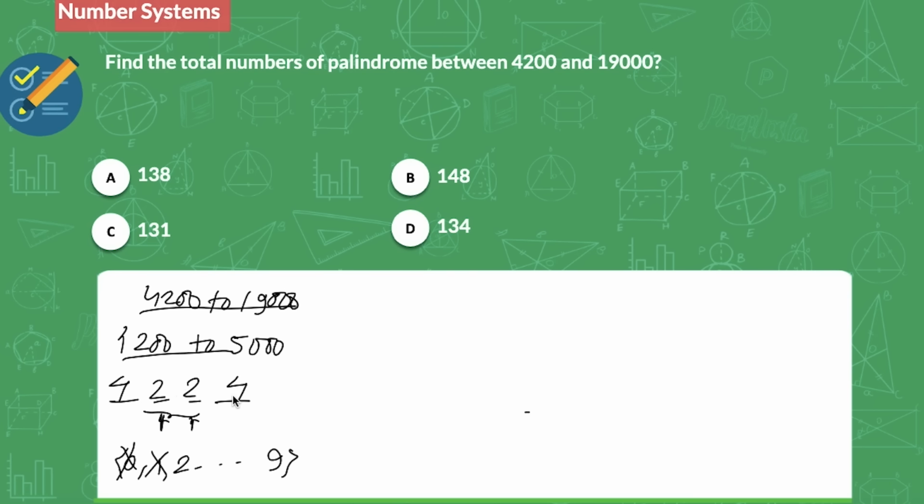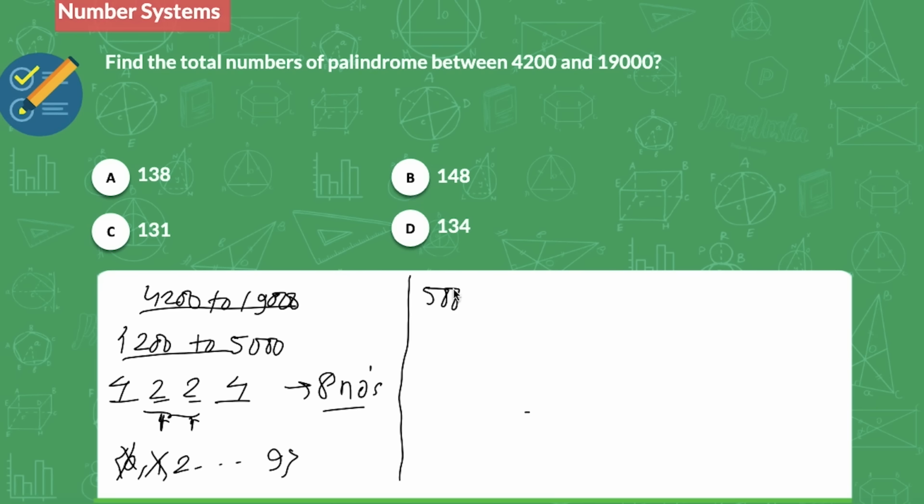Similarly, 4334, 4444, 4554, and so on till 4994. So from 2 to 9, there are 8 such numbers possible between 4200 and 5000. So 4200 to 5000 is sorted.